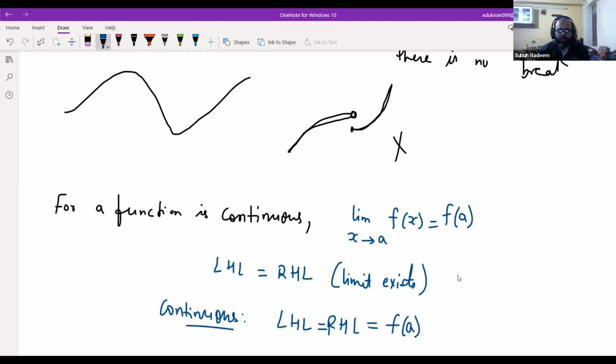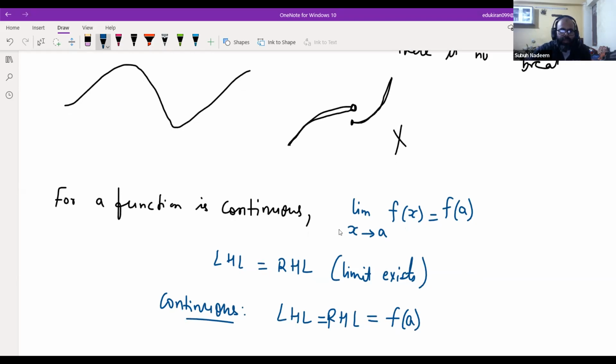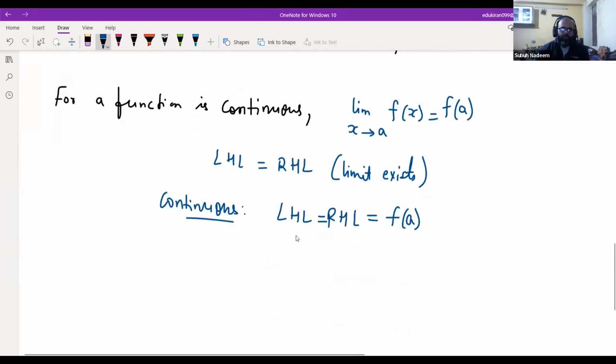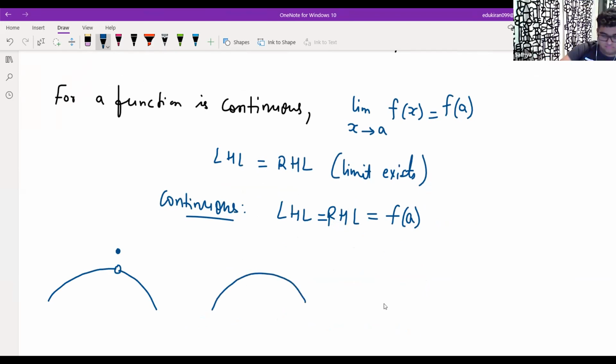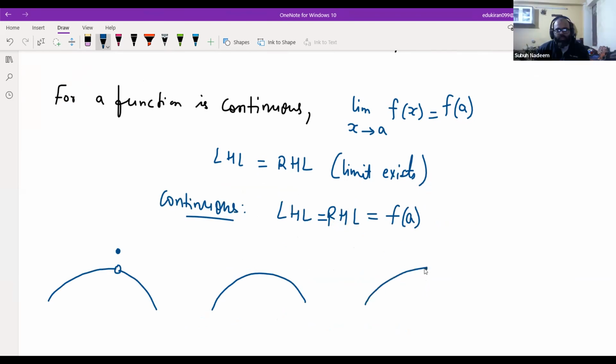So if I give you an example, there is a function which is going like this and like this, and there is a function which is going like this, and there is a function which is going like this. So I'm giving you three different functions.